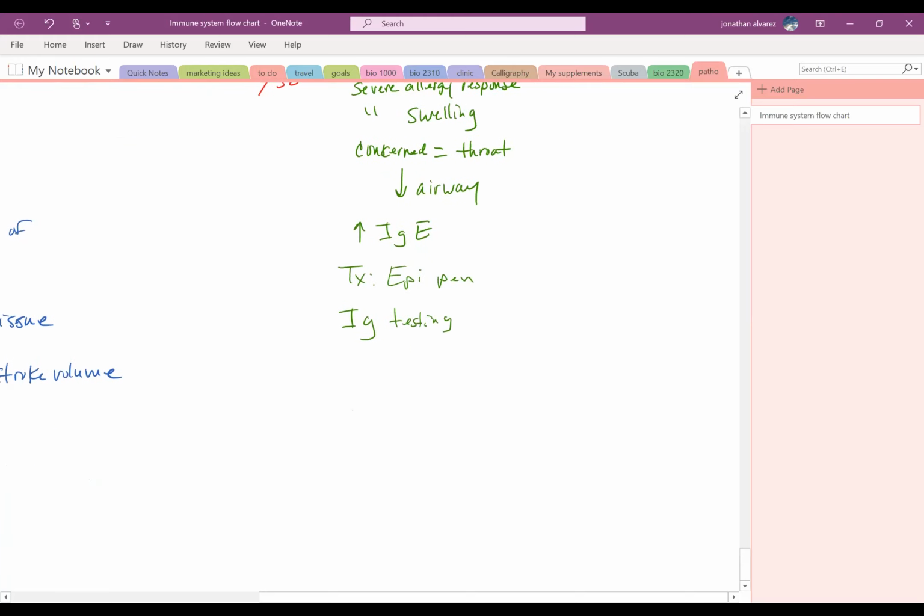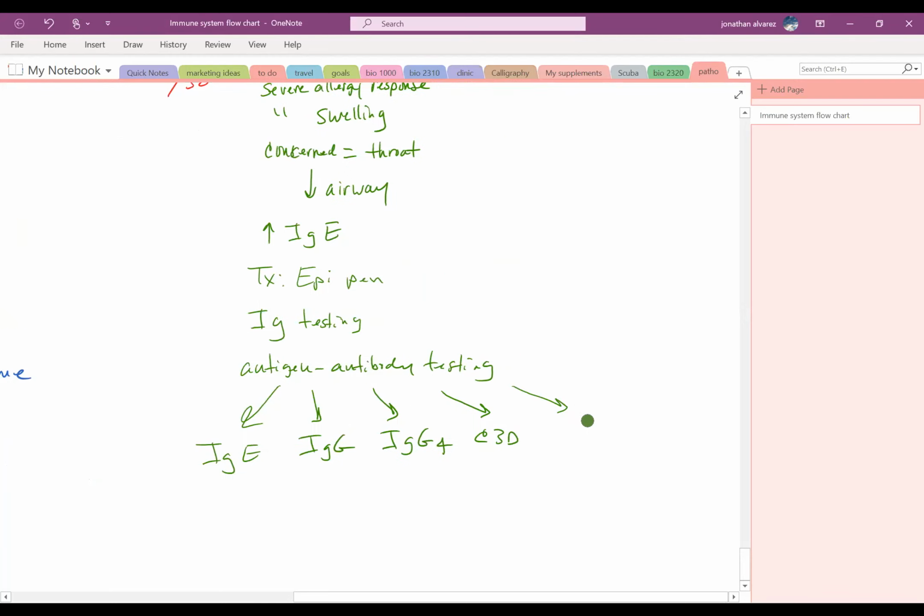More specifically, it's antigen antibody testing. Okay, and you are looking for things like the IgE, IgG response, IgG4, C3ds, okay, blocking potential.